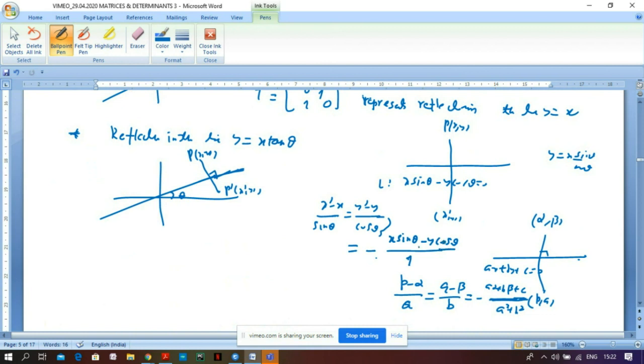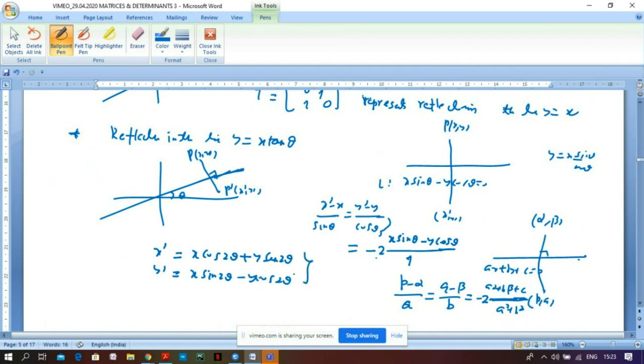If you do this, then 2 times will come, because the reflection is also negative 2. Then ultimately we can change sine squared theta to cos 2 theta, and then x' is x times cos 2 theta plus y times sine 2 theta, and y' is x sine 2 theta minus y cos 2 theta.